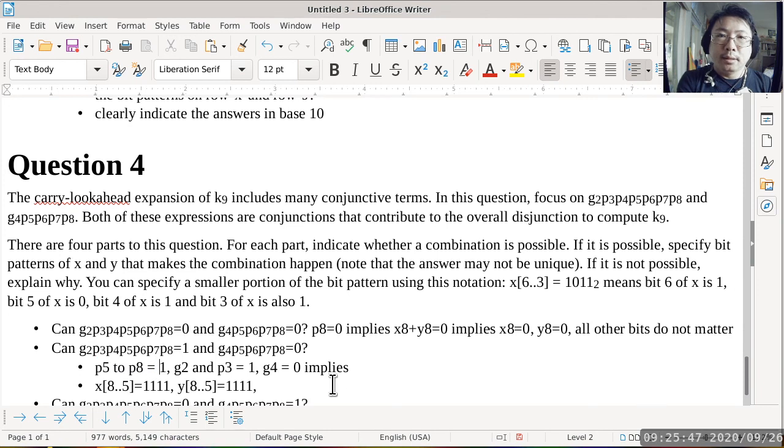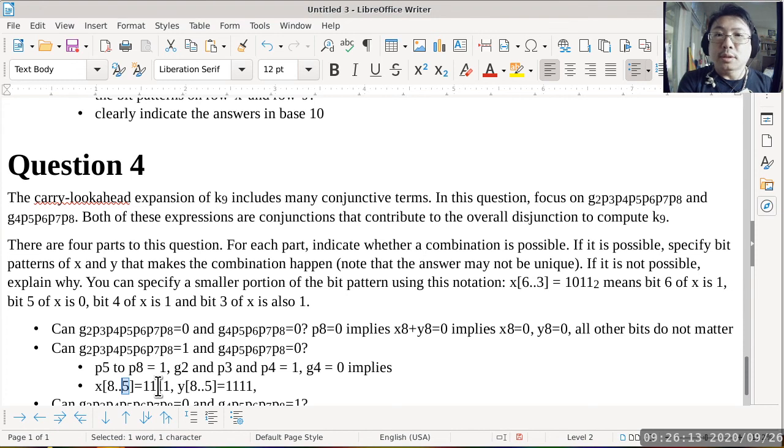Now we need to look at bits 2 and 3, but there's also 4 here. Oh, okay, I forgot one of them. P4 is also a 1. So if P4 also needs to be a 1, then we can just extend.